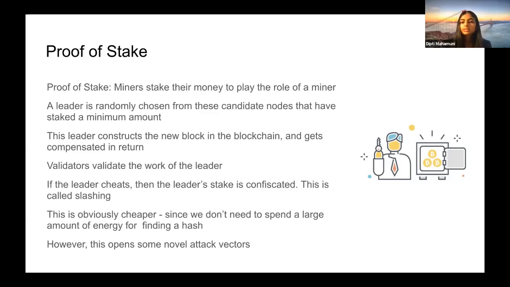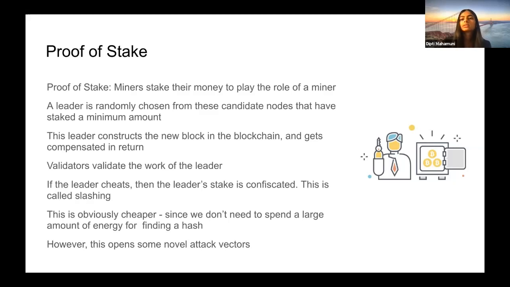Now, these leaders earn money in return for producing that block. But what exactly incentivizes these leaders to be honest? There are many other nodes that can easily validate the work of the leader node. And if they can prove that the leader cheated, then the stake that the leader had can get confiscated. And this process is called slashing.